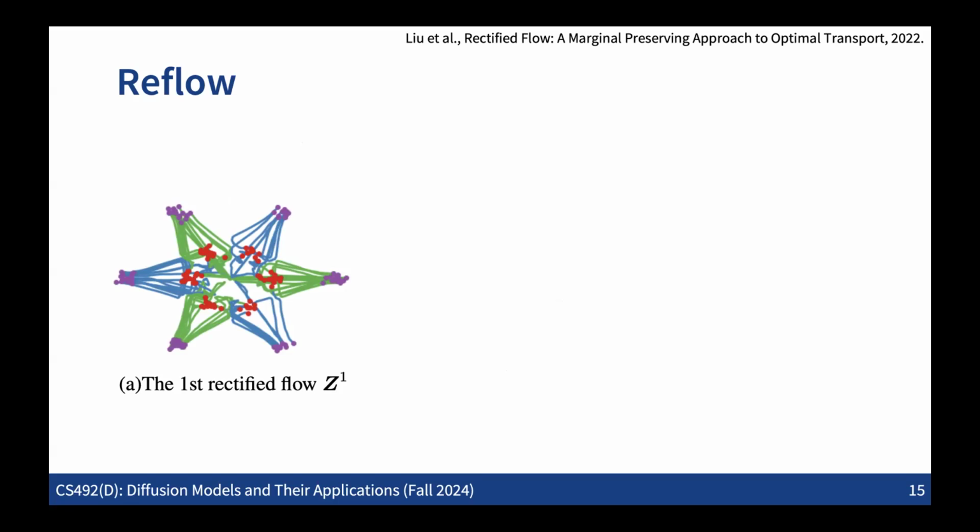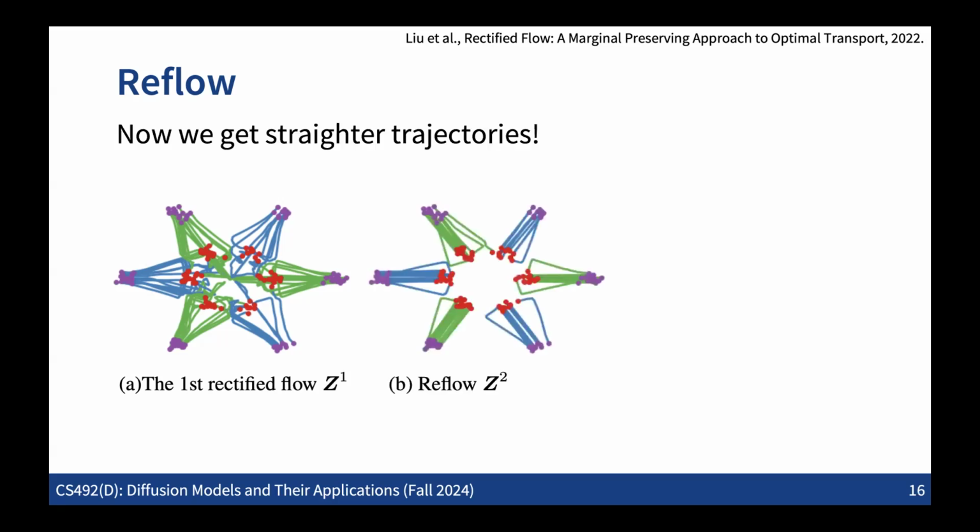You can see that it tries to avoid crossing, making trajectories like this. Now we sample x0 and x1 based on this model and train another flow-based model. Then we get this. Interestingly, now you can see that it tends to make straighter trajectories like this.